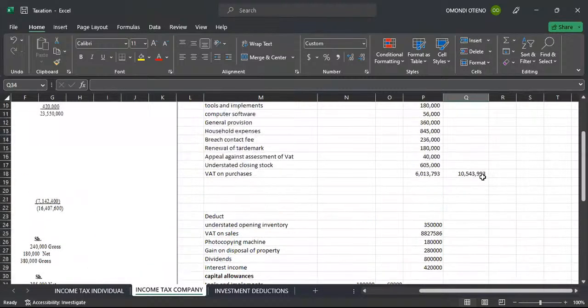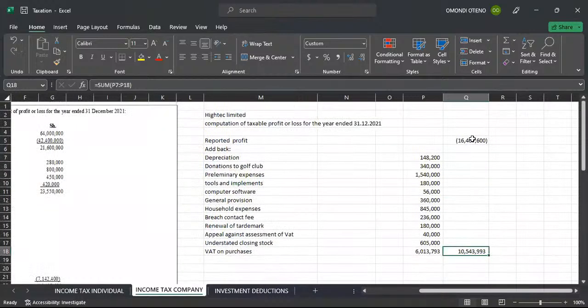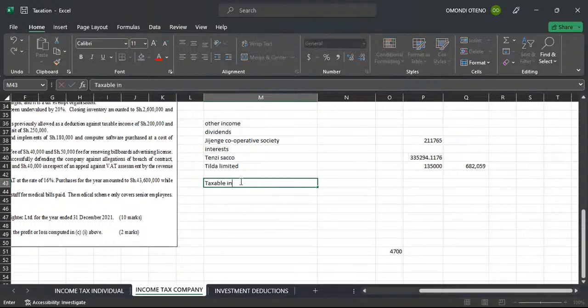Then you come up here. This one here was what you are adding back. Then you adjust with the reported profit. So what are we going to have as the net value? So what you are going to have down here will be the taxable income.